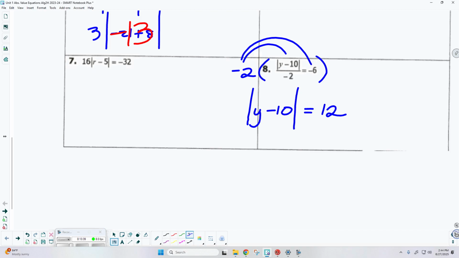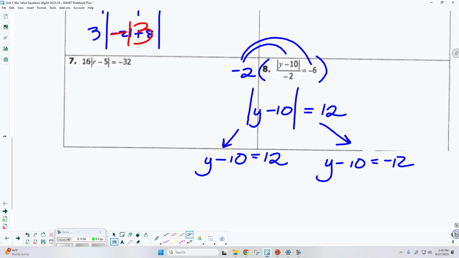Okay. What's my first equation? Okay. Y minus 10 equals what? 12. What's the second equation? There you go. Okay. So if I go ahead and add 10, what's my first solution? 22.